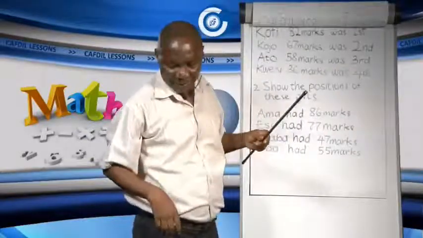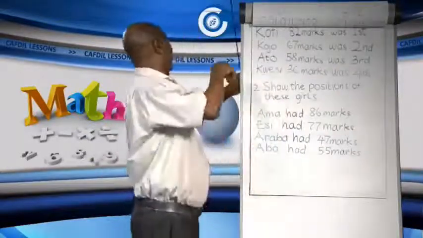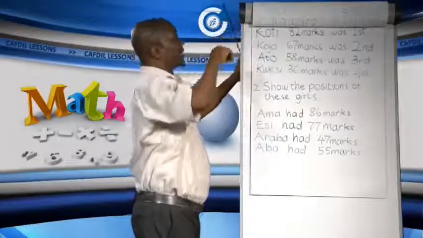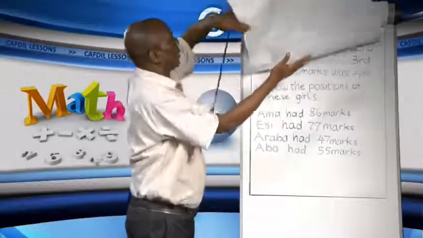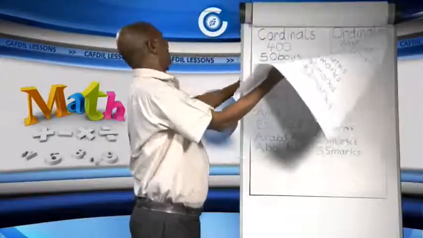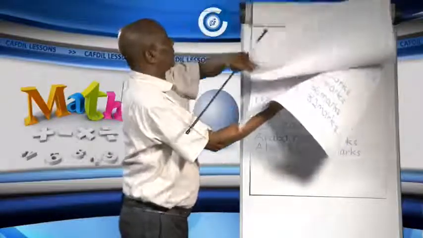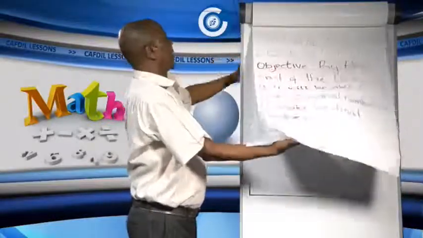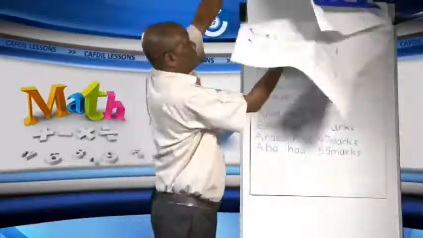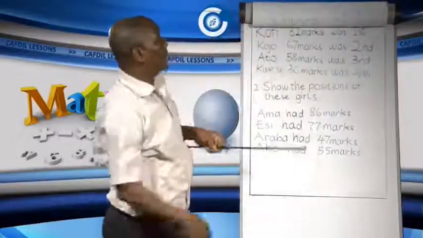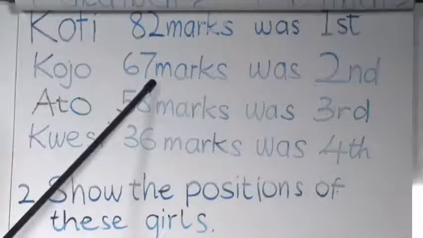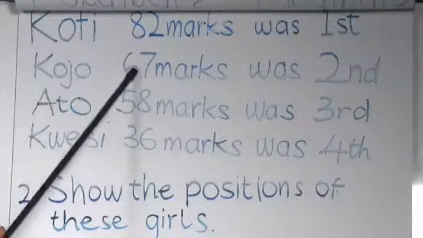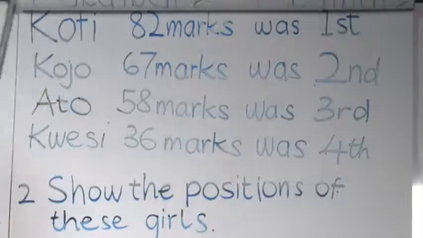Now, what is the next biggest mark? 67. That was the marks Kojo got.